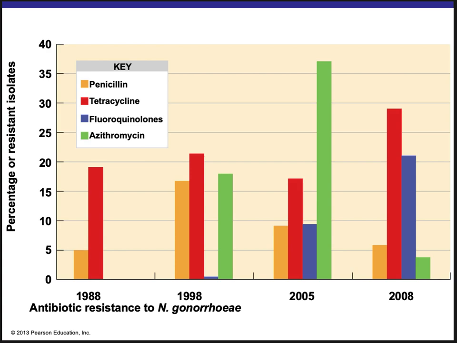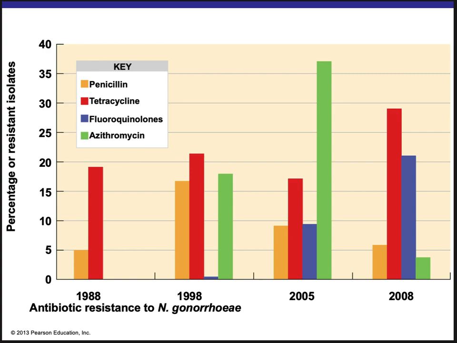So a current approach is to get a high dose injection with one antibiotic type, and then the patient doesn't have to follow any instructions. It's done. And then you give them one prescription that might only be about 5 days, and they're more likely to be able to follow through with taking it for 5 days.